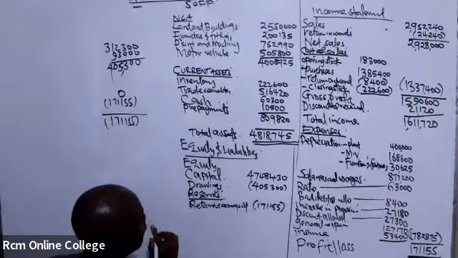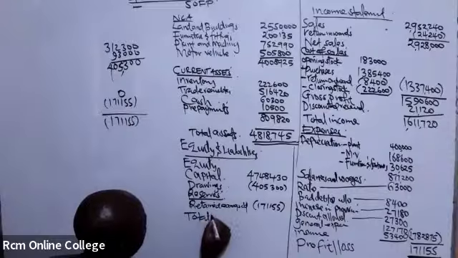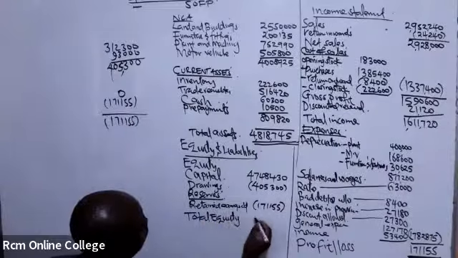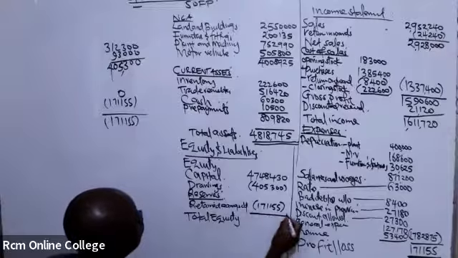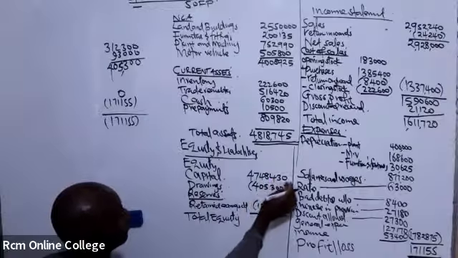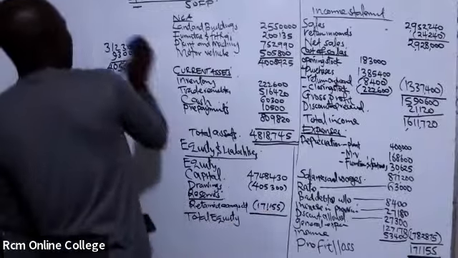So that will now give us what we call total equity, or shareholders' equity. You take 343,130 minus 171,155, because we have a loss. What are we getting as the total equity?